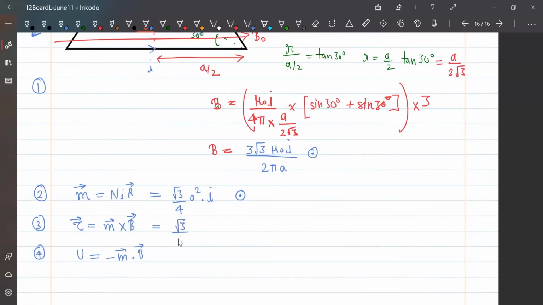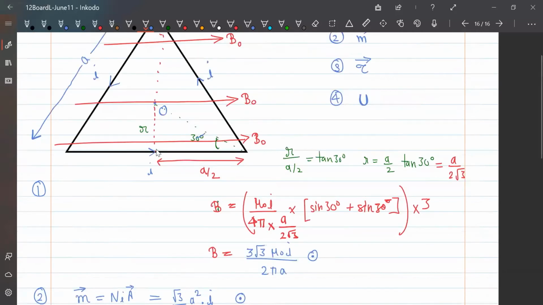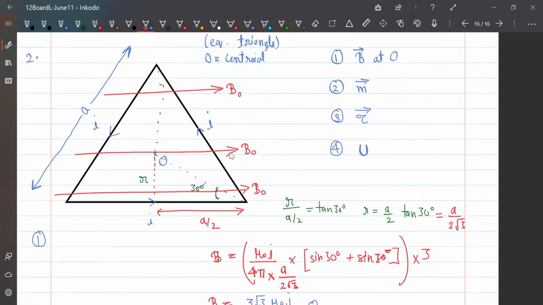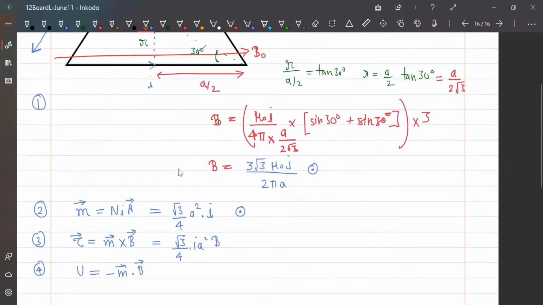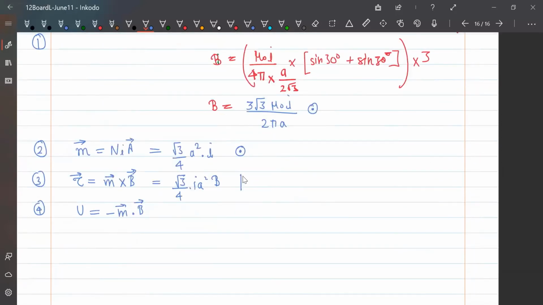So this will be root 3 by 4 I A square into B, and M cross B. M is in outward direction, B is in the x direction, so your torque will be in the upward direction.